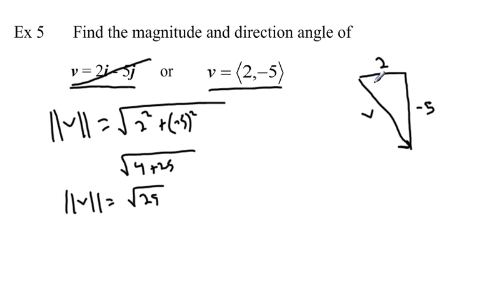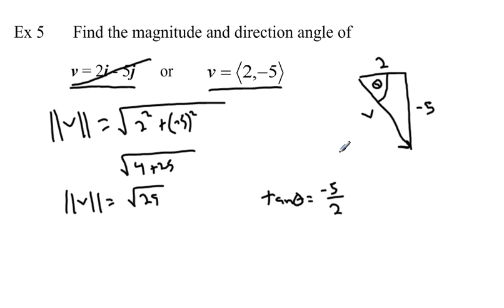Now the direction angle is this angle right here, this angle theta. So we've got a vector going the square root of 29 units at an angle of what? We need to find that angle. Well, using SOHCAHTOA, we can say the tangent of that angle equals opposite over adjacent, negative 5 over 2.